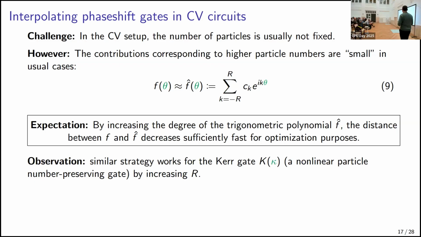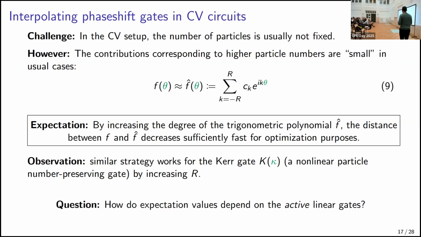And the observation is that a similar strategy would work if we apply it to the Kerr gate, which is a nonlinear but particle number preserving gate, but we have to increase R. So we have to square it basically, and this will also work in the original setup, outside of the CV model as well.